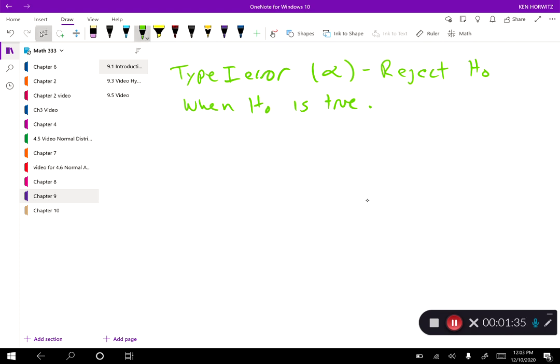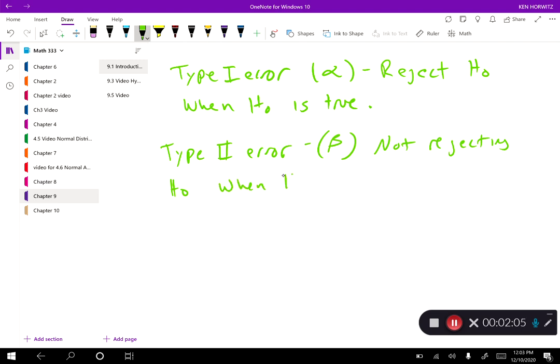All right, so the type 2 error, that's the one we're talking about today, is denoted by beta. And that consists of not rejecting the null when the null is false.